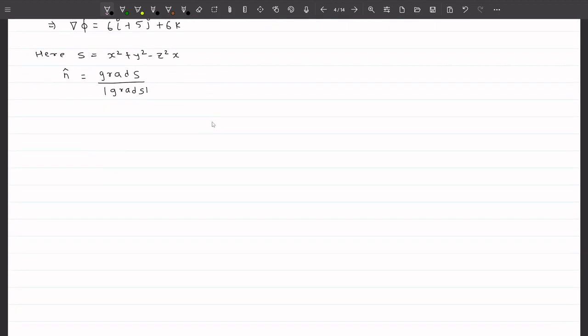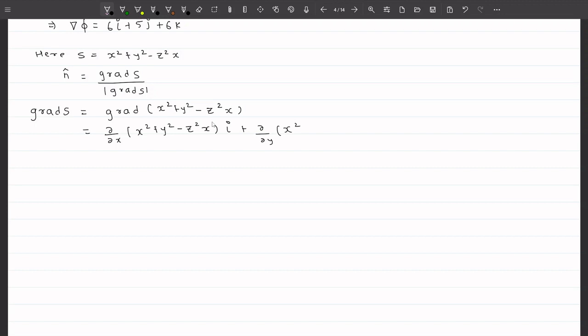Okay, so gradient of S. So gradient of, what is S? x² + y² − z²x. So it is del by del x of x² + y² − z²x iota plus del by del y of x² + y² − z²x j plus del by del z of x² + y² − z²x, right?